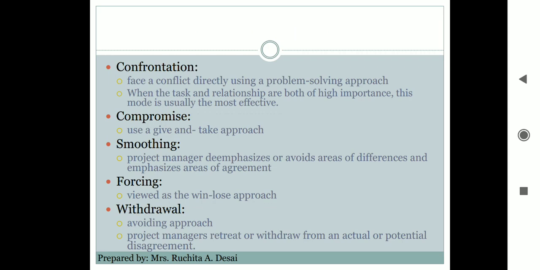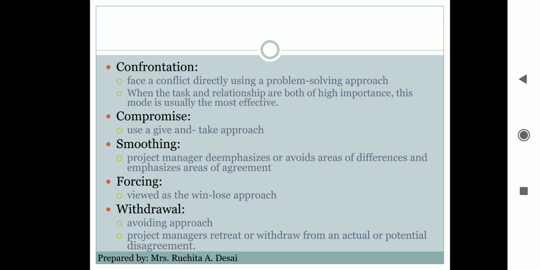The second is compromise. As the name itself says, this mode uses the give and take approach. They have to compromise somewhere. They bargain and search for a solution, and that solution brings some degree of satisfaction to all the parties.